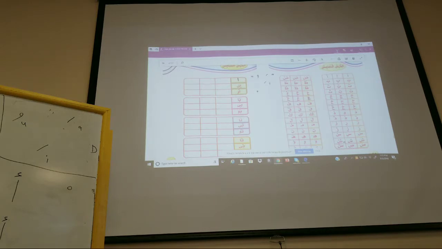Okay, so the next one is ra, ri, ru. This is like a G, similar to ra, ri, ru. Good. The next one is fa, fi, fu. The next one is qa, qi, qu.